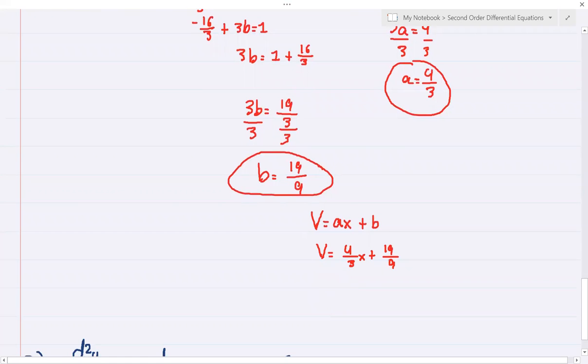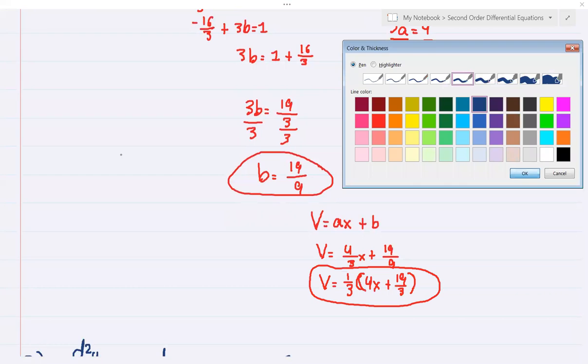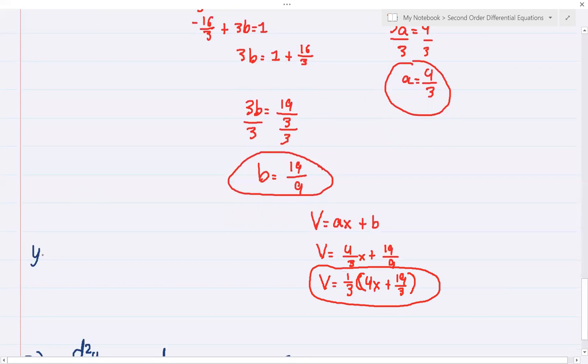Or you can factor this out. You can have v is equal to 1 third times the quantity 4x plus 19 over 3. That is your v. So what would be your final answer? Your final answer is y is equal to u plus v.